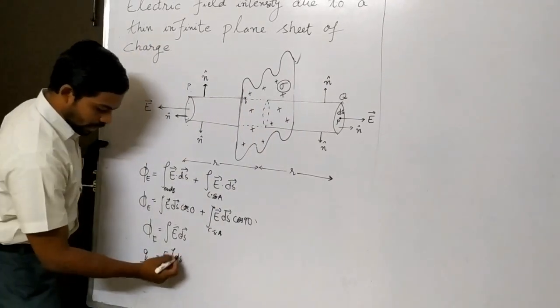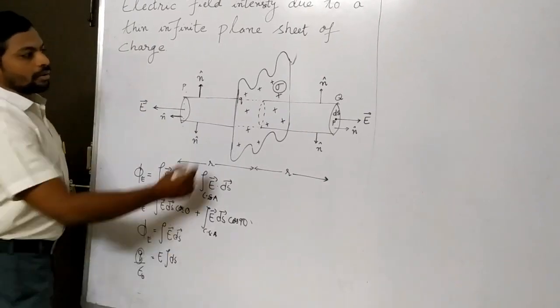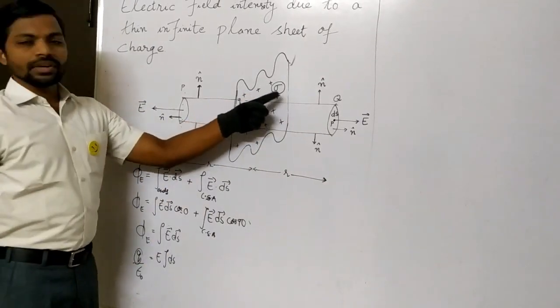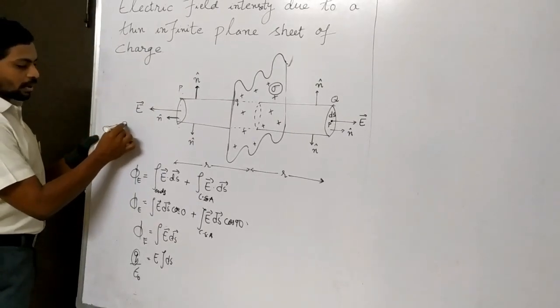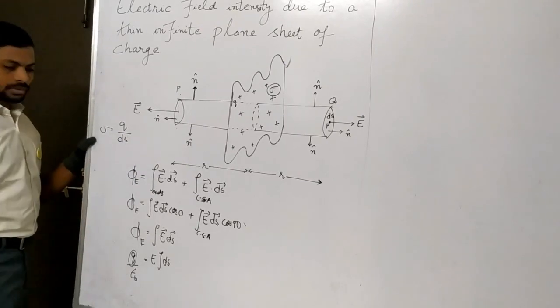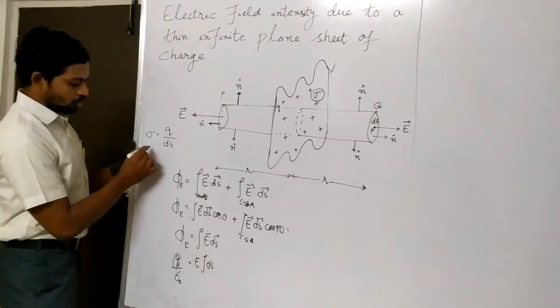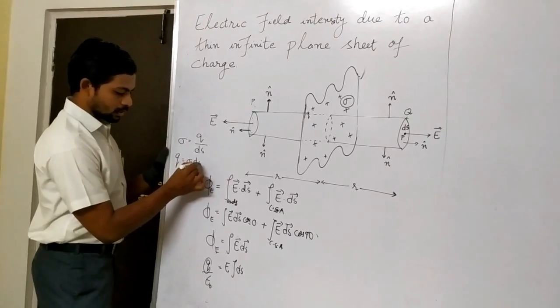Here I have defined earlier that the surface has a surface charge density sigma. So sigma is given by charge by area, and the area is ds. So let us substitute the value of Q here. Q is equal to sigma ds.